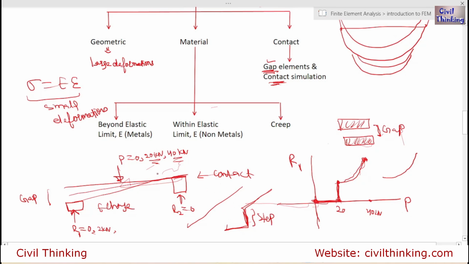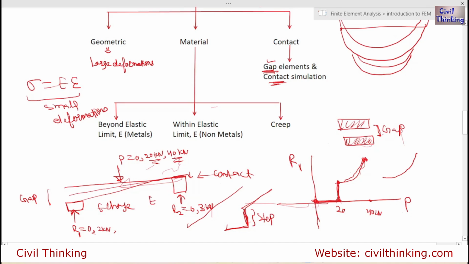Now initially when the P was 0, reaction was 0. When you increase the P to 20, some reaction will appear, for example 3 kilonewton. When you further increase the P to 40, it will compress. The compression will cause internal deformations, which will cause what? E to change.